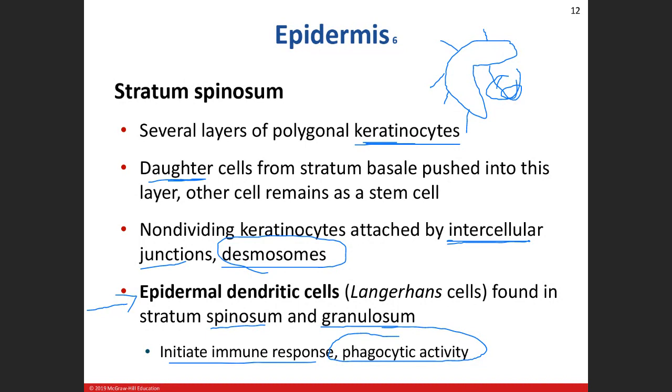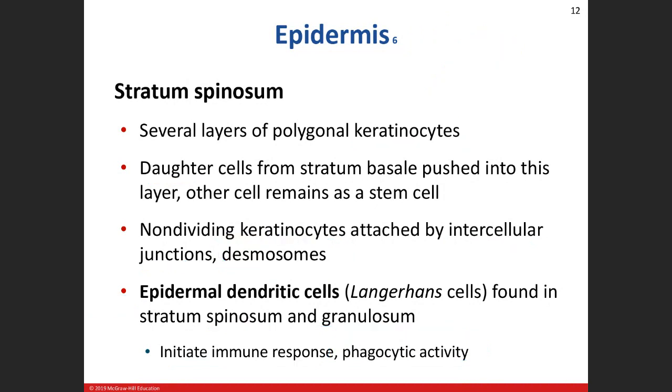Because then another cell from the immune system will come over and see that and check if this is normal. If it's not normal, then it'll initiate the immune response. So those are your Langerhans cells or your dendritic cells. They fall into a classification known as APC, antigen presenting cell. Macrophages do something very similar too.